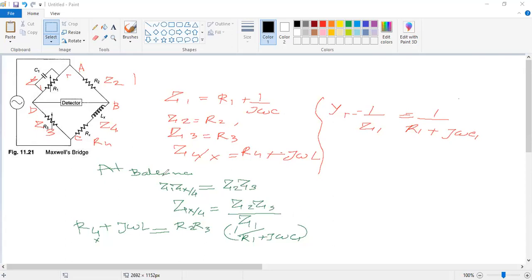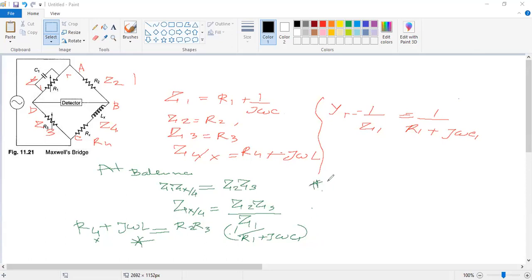Now just put here, I am giving this star mark.